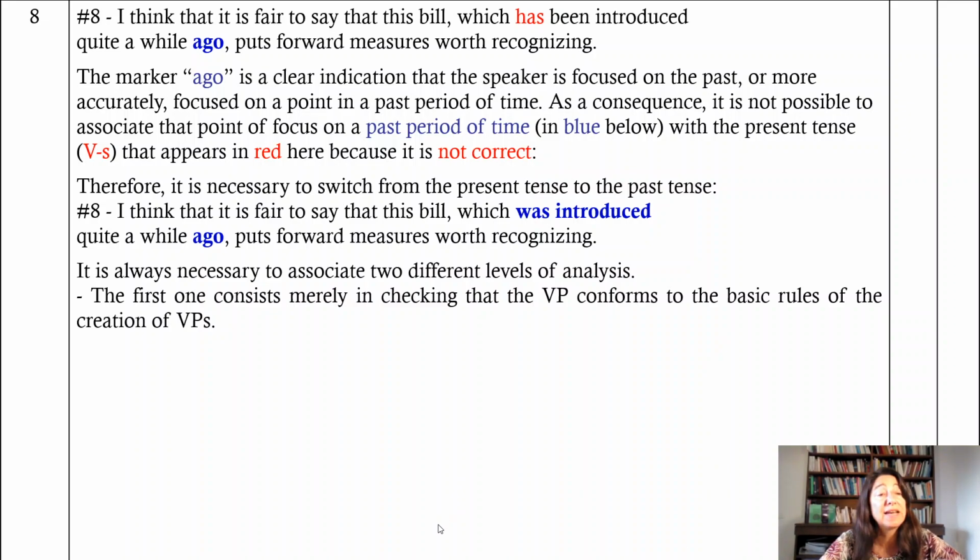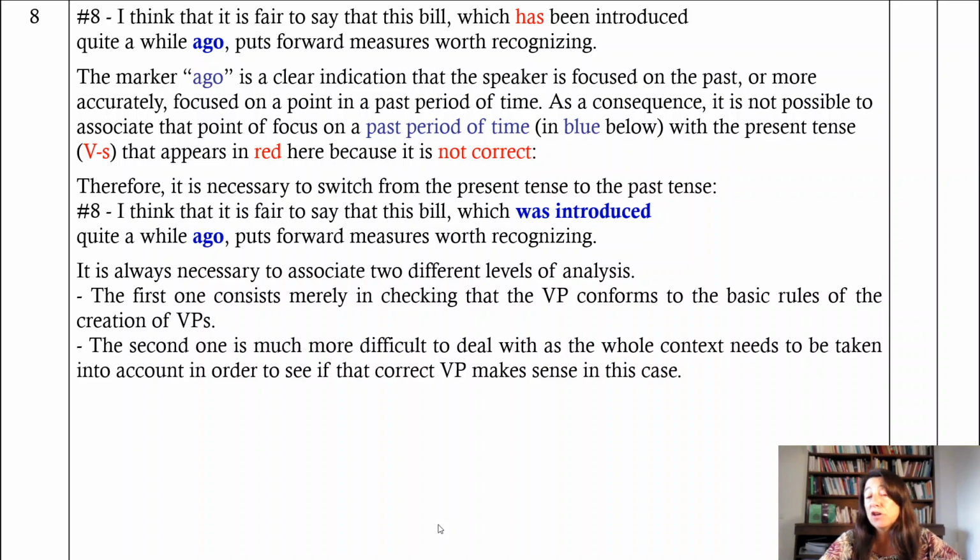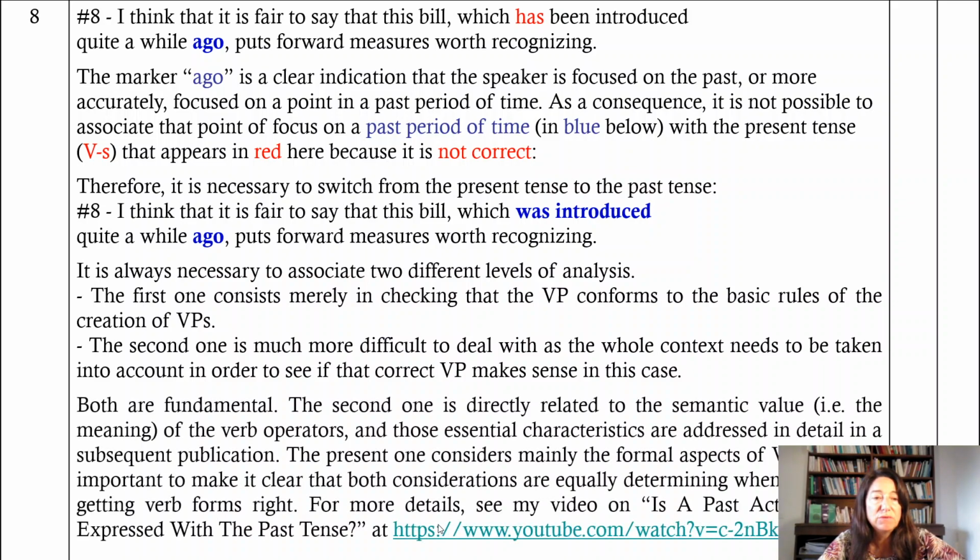And then the second step consists in looking at the context to make sure that the verb phrase, which is correct, does make sense in this context. Okay, so these two steps are really, really fundamental, and it is very important to make sure that you deal with both of them.